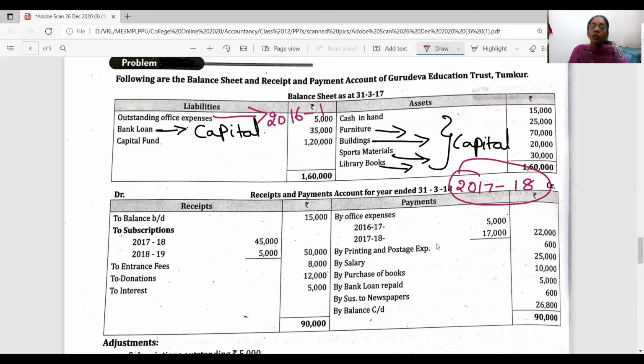It is for 2016 and 17, whereas we are working on 2017 and 18. So this 5,000 outstanding office expenses should not be taken into our current income and expenditure account. So it's a very easy understanding that items belonging to the current year should be taken, and whichever belongs to the previous year does not form a part of our income and expenditure account.